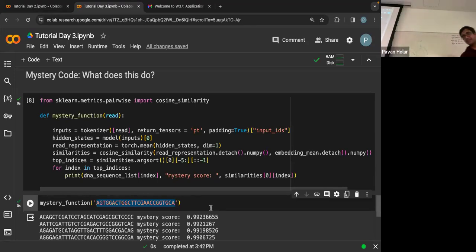I thought it was fitting that this whole mystery code is brought to you by ChatGPT. It generated this last challenge for you.